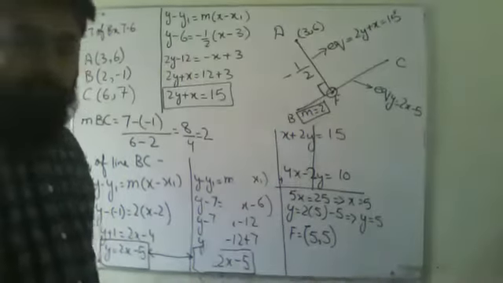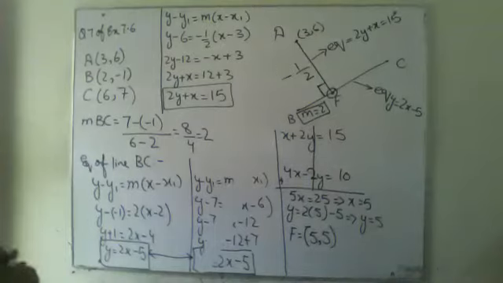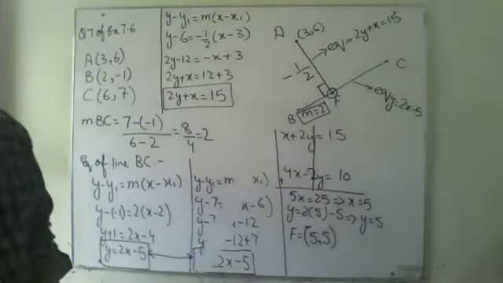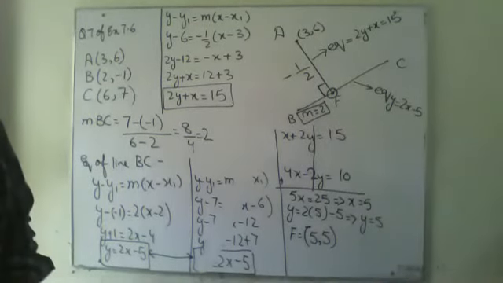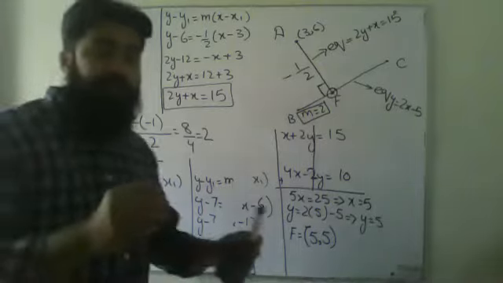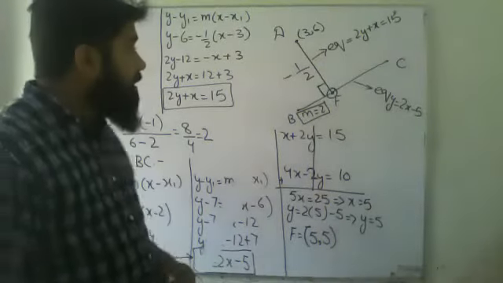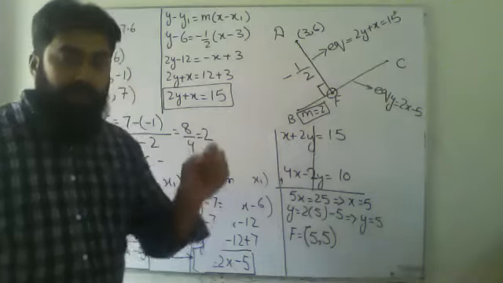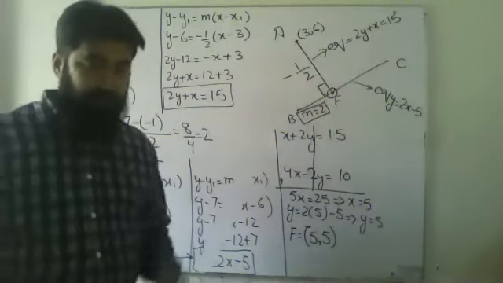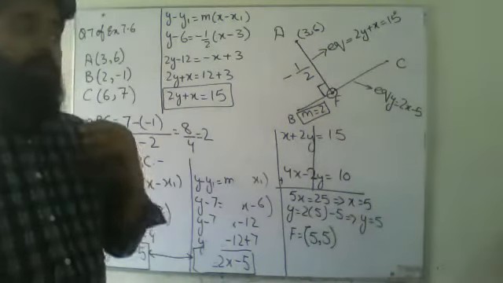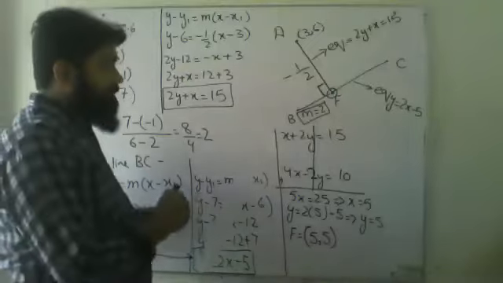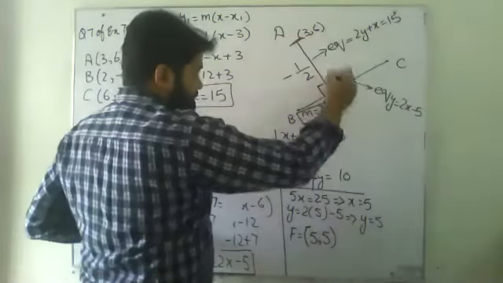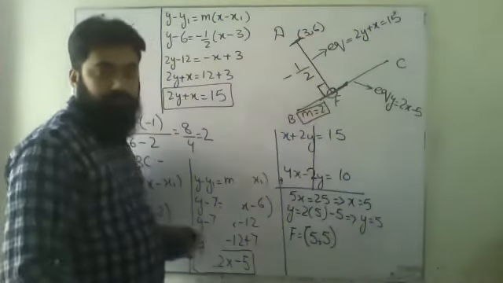Now next, they are asking for the perpendicular distance from A to line BC. The perpendicular distance from A to BC. Now, what you have to do basically, I have to find this distance.